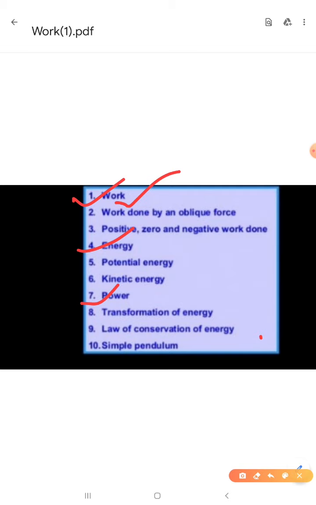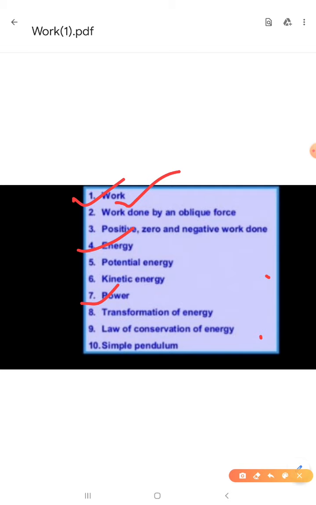Sometimes you collect some question papers, you attend classes, you say that you are doing work. Is it really work? In science, in physics, is this really work or not? You will know from this chapter.